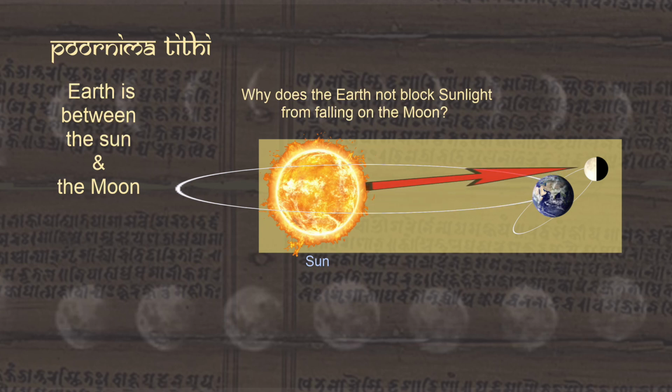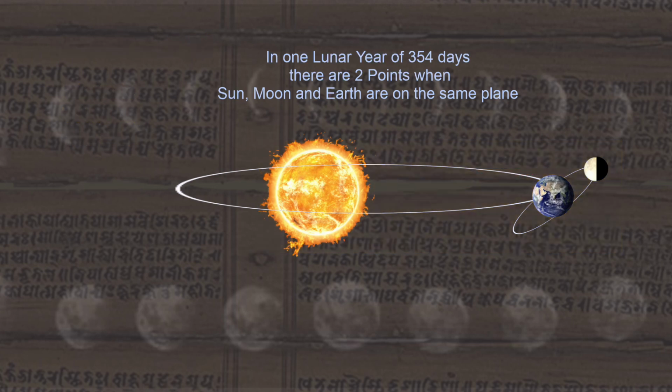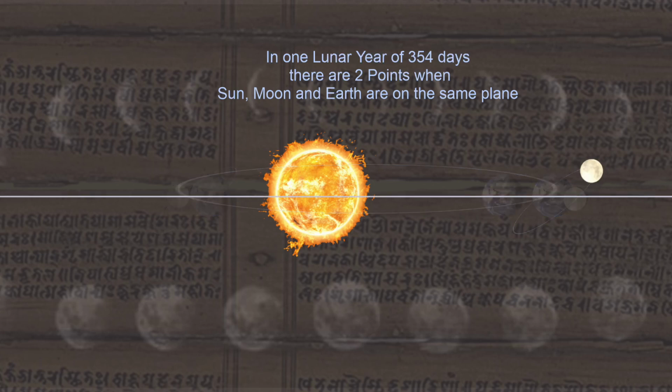sunlight hitting the moon. During the duration of a lunar year of 354 days, there are 2 points when the sun, moon, and earth are on the same plane. On these 2 occasions, as the earth moves between the sun and the moon, it does block the sunlight falling on the moon.